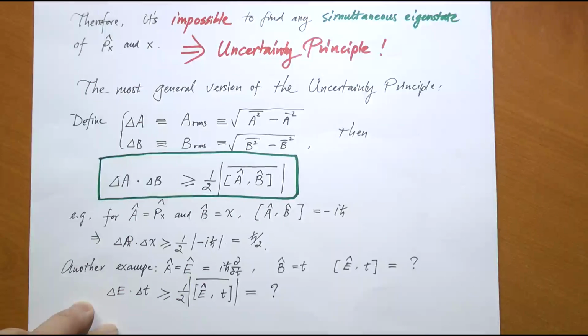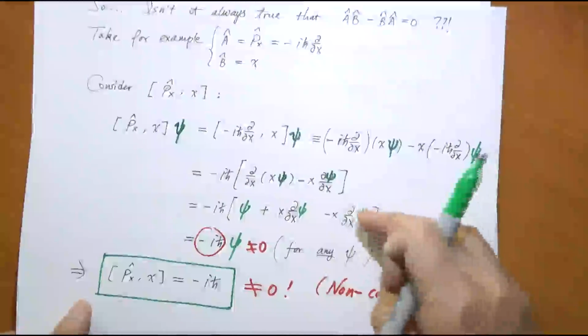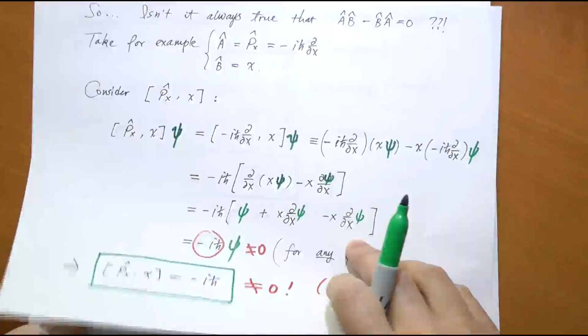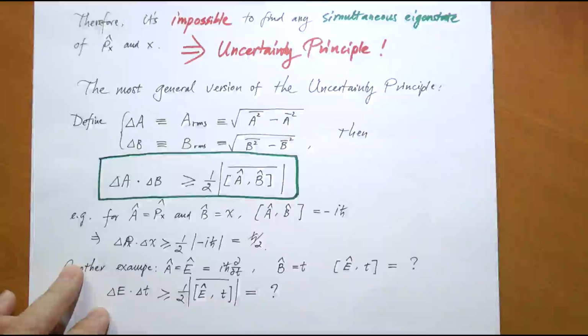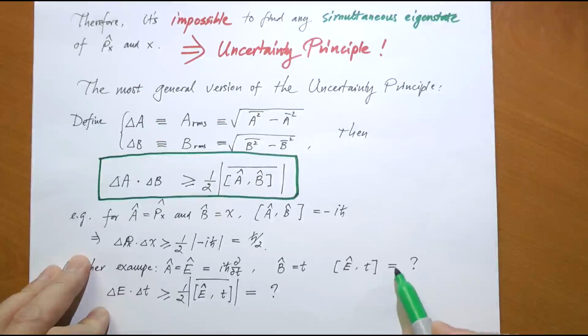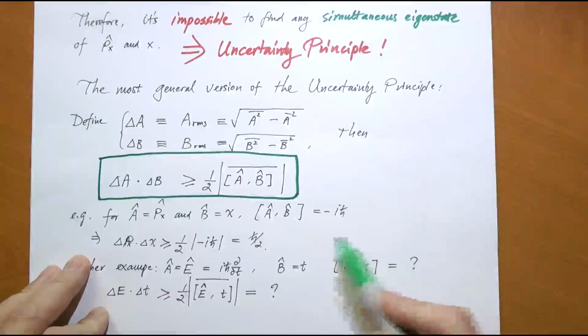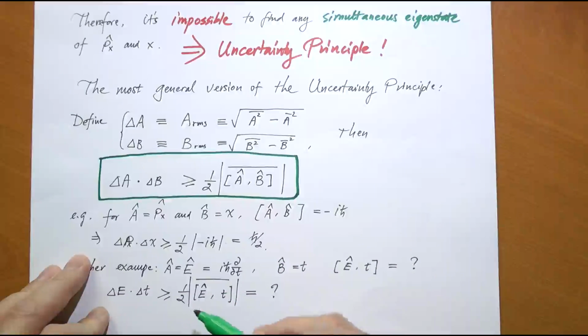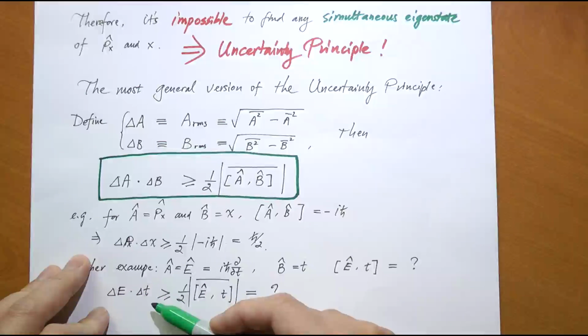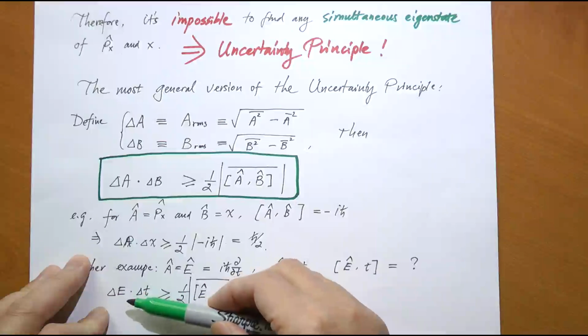Do the same thing that I just did here, for E and T instead of Px and X. Find the commutator between them, and then plug that into here. I want you to find the possible minimum value for delta E and delta T. This is another famous uncertainty relation between these common quantities, energy and time.